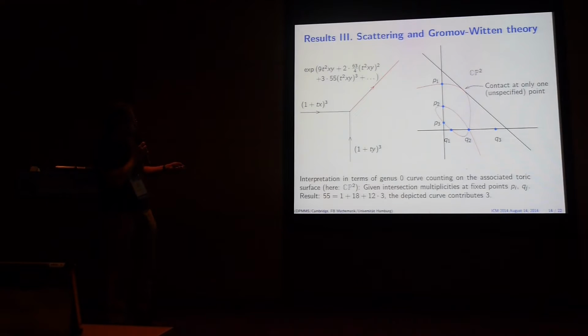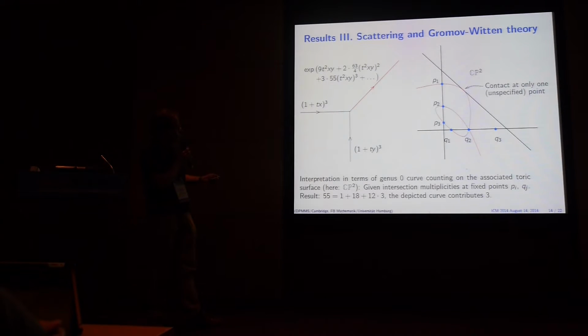So this is the fan for P2, so I draw P2. The fact that I have these powers of 3 here tells me I should select 3 points on each of the coordinate axes corresponding to these incoming rays. And then, because of this cube here, we're going to count cubic rational curves, which have the property that when they cross one of these two axes, they have to cross it at one of these marked points.